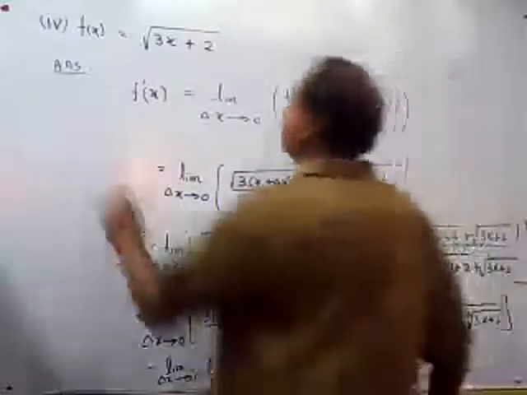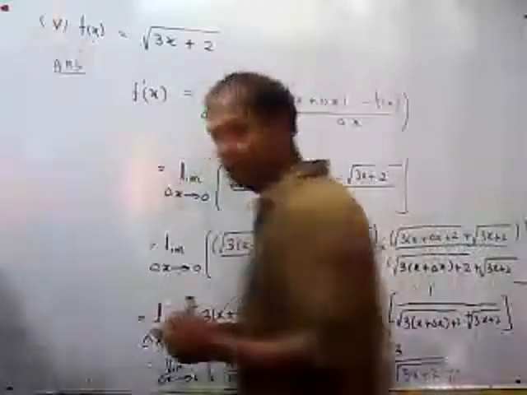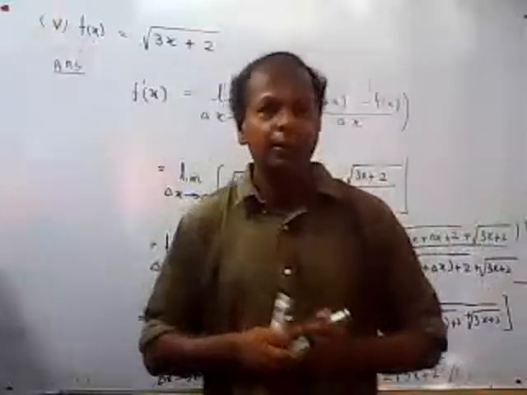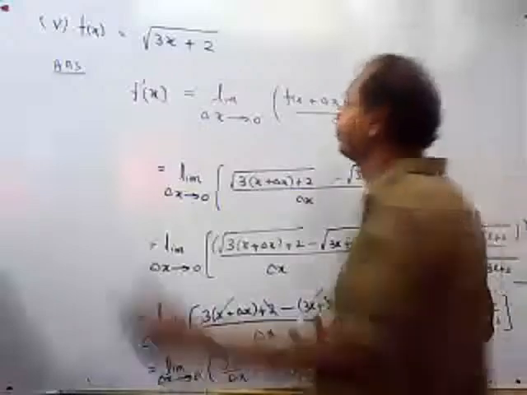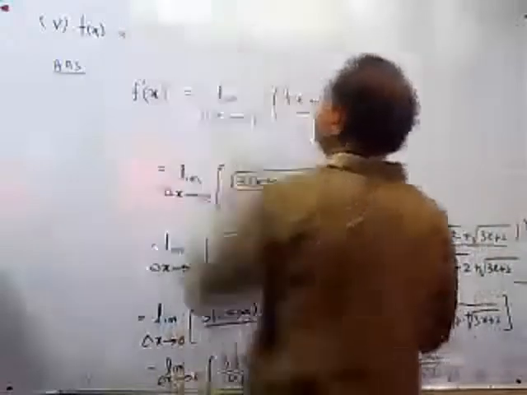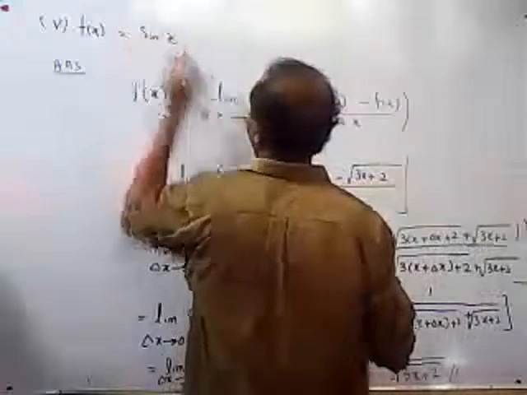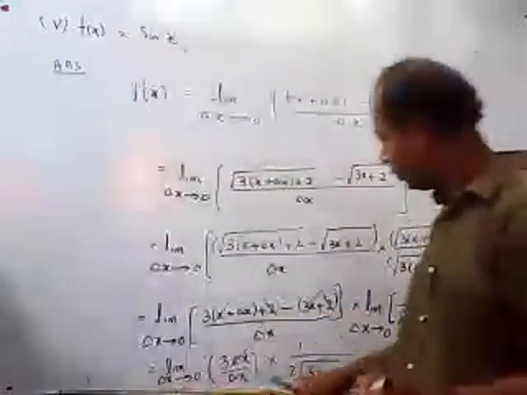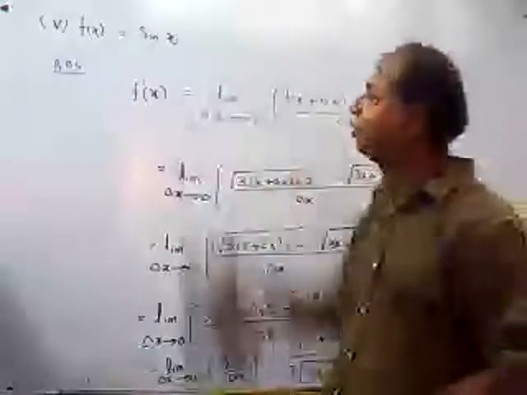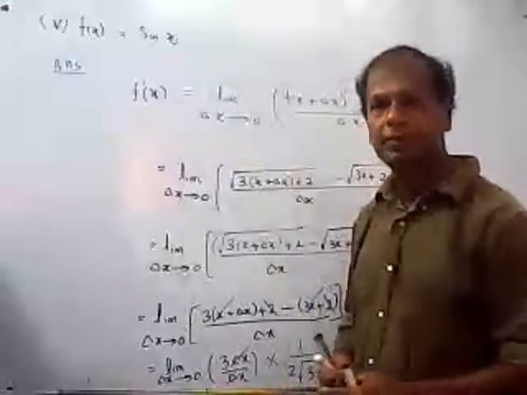The fifth, this time we are going to connect trigonometry with differentiation. It is f of x equals sin x. Okay, you first finish this, the fourth, and then you can go to the fifth example, f of x equals sin x.